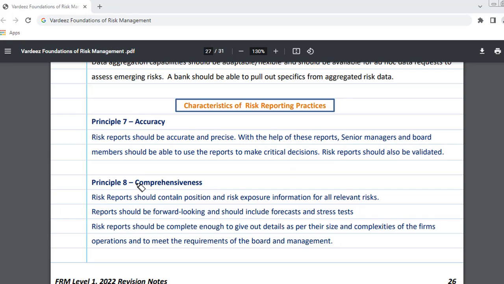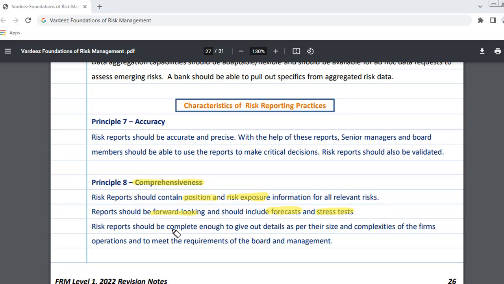Talking about principle 8, which is comprehensiveness. Risk reports should contain the information regarding the position and the risk exposure the company is facing, such as credit risk, liquidity risk, market risk, and so on. Risk reports should be forward looking, and they should also include the forecast that will be used and the stress test that has been done.